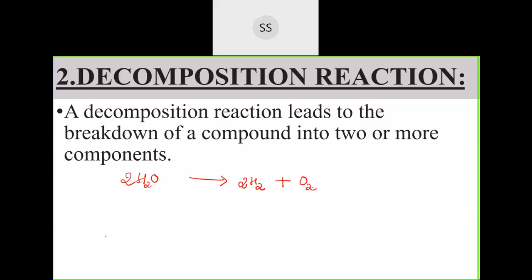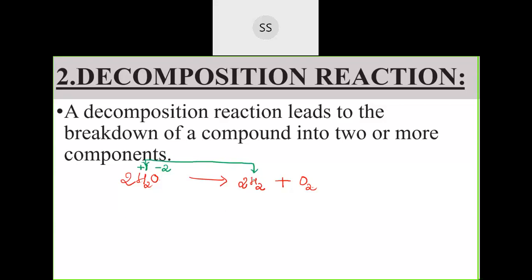You can check whether it's a redox reaction. One element should undergo oxidation, the other element should undergo reduction. If you check hydrogen in water, it is in +1 state. Hydrogen is always in +1 state. Oxygen is in -2 state. Now go from water, hydrogen, to when they have formed the product in their elemental state.